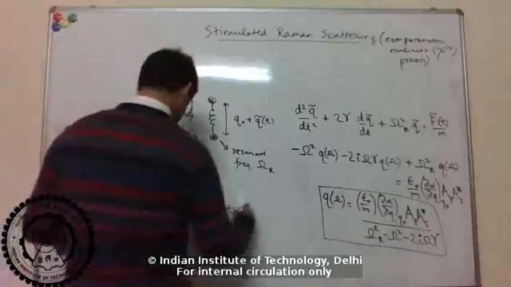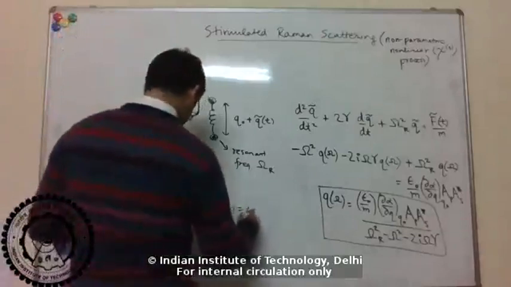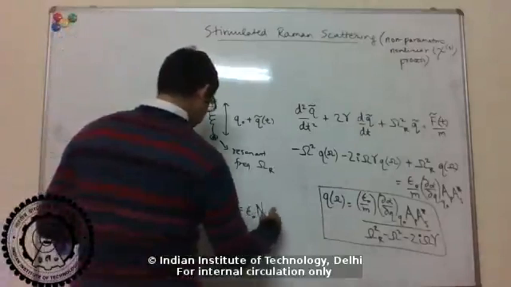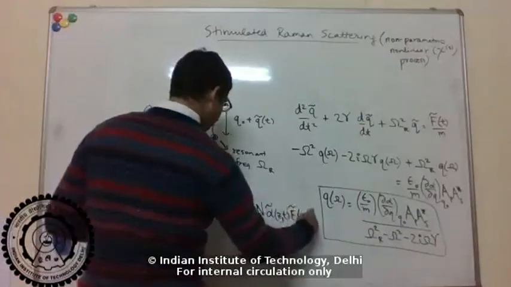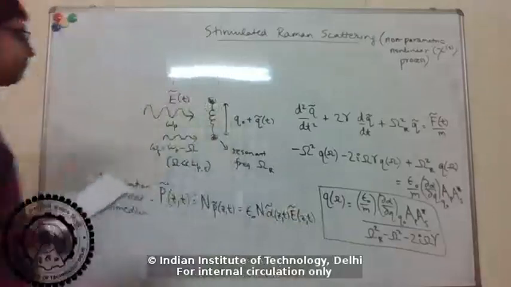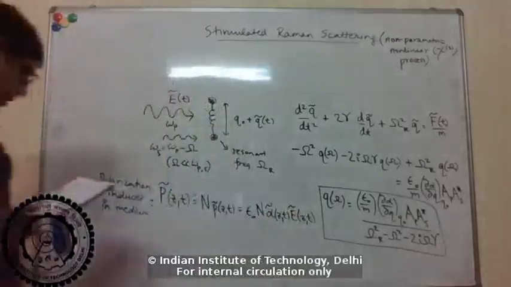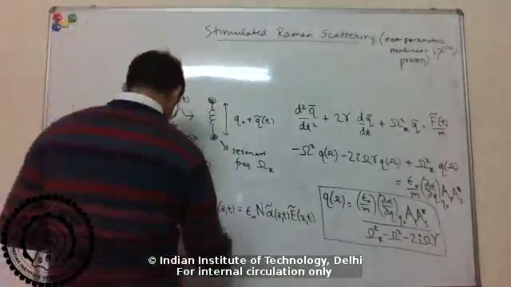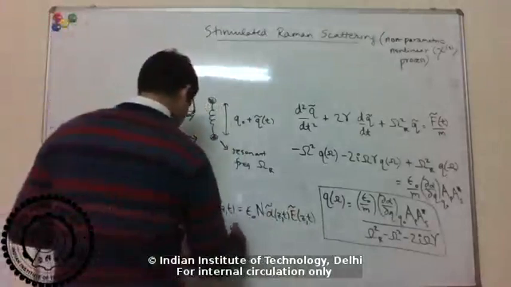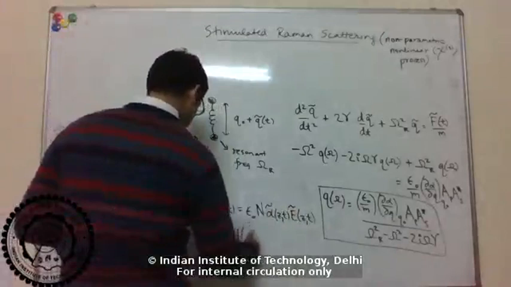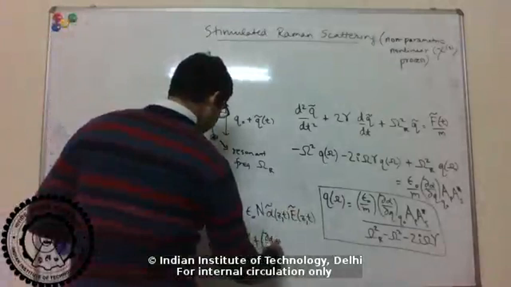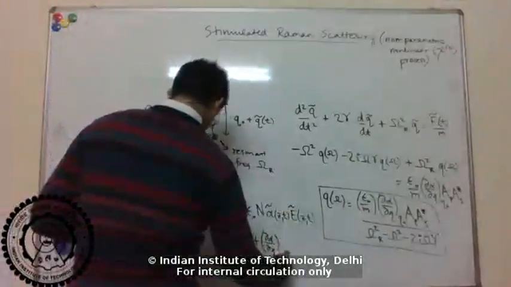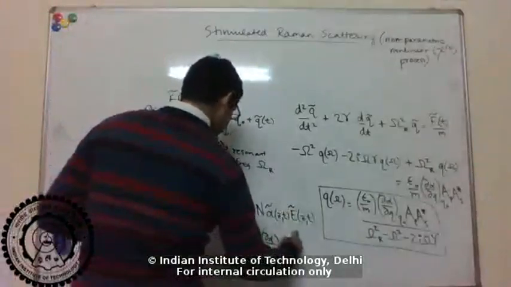Then small p we know is epsilon naught alpha times E, right? And then again we write alpha as alpha naught plus d alpha by dq times q.